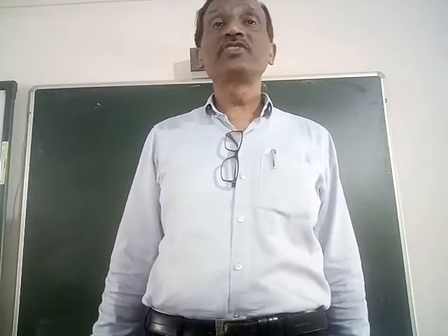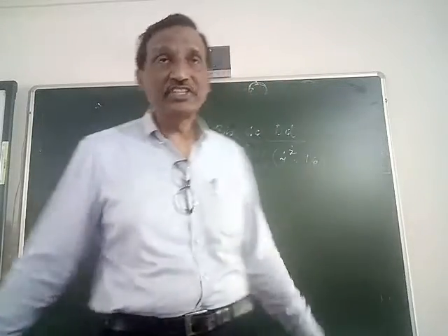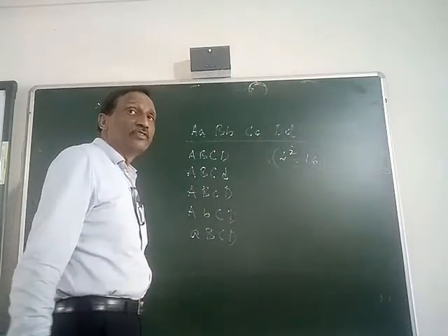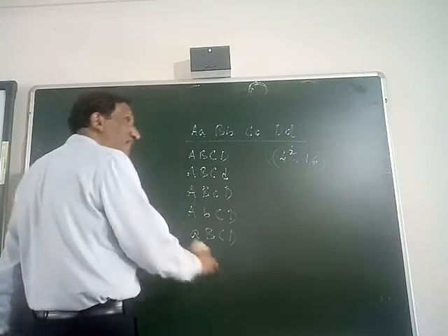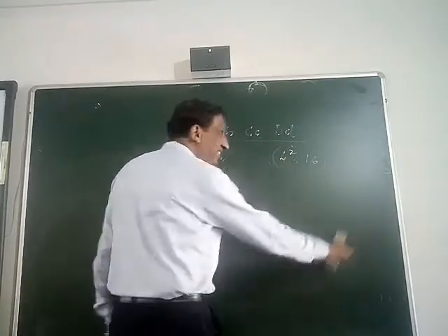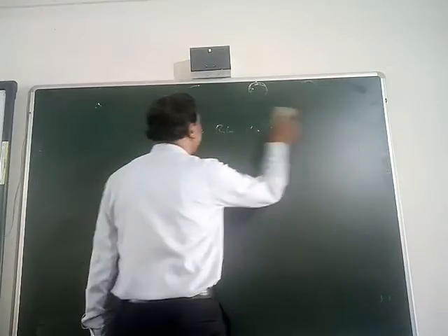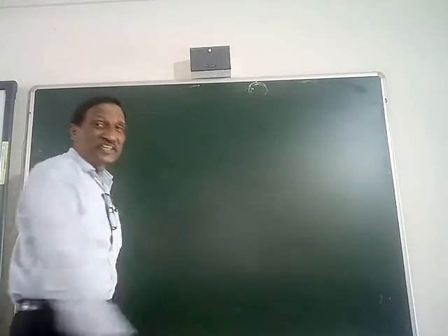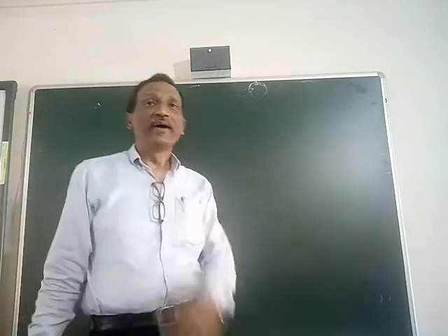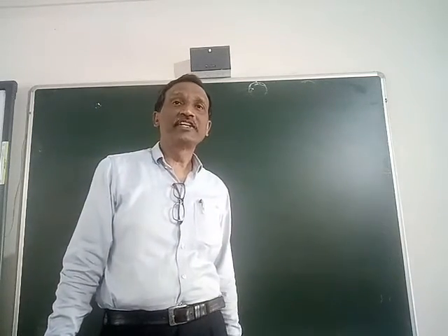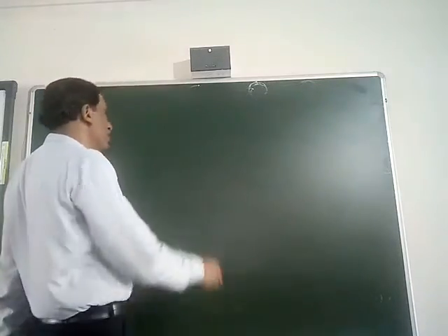Explain the law of dominance using monohybrid cross. When I was telling question number 2a, I explained it. So our question is, explain the law of dominance using monohybrid cross.